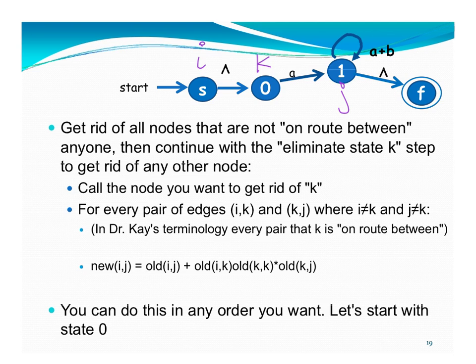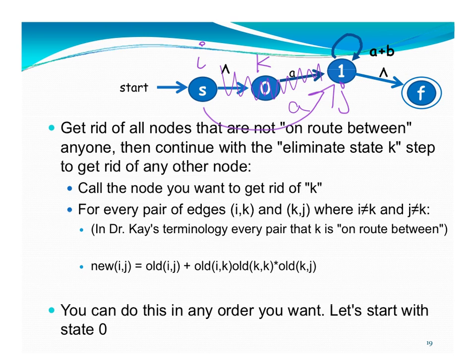So in this case, we're going to end up making an arrow between S and 1. And we're going to figure stuff out so that however you used to go via 0 to get from S to 1, we'll still be able to get that along this transition. So in this case, when you take the path from S to 0 to 1, you end up with a lambda followed by an A. So what we're going to want to see in the end written on this transition is an A, because if we end up with an A on that, then we could actually get rid of all this stuff.